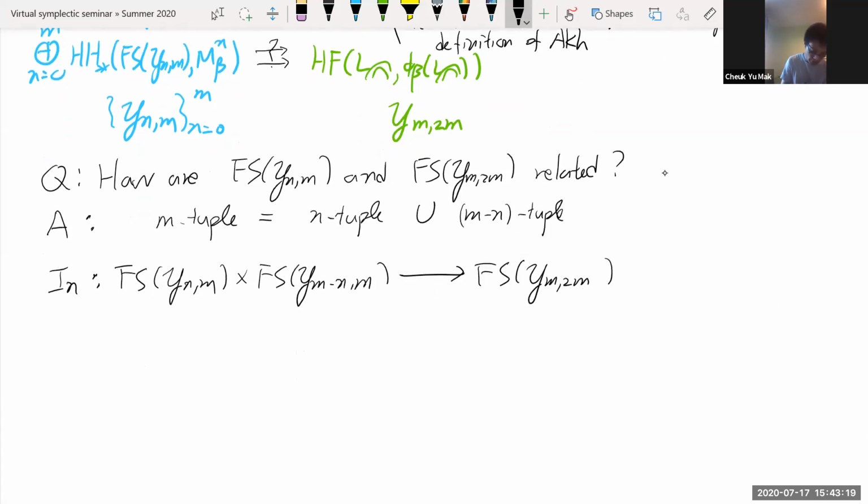It is simply given by, for example, like this, and then it is simply given by stacking the diagram.